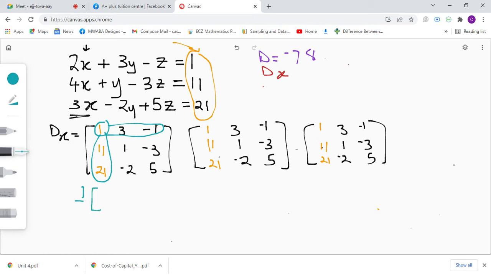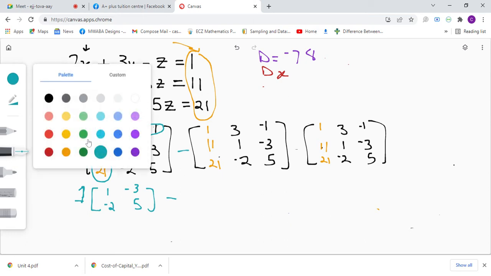Then we're going to write this matrix here, 1, -2, then we'll have -3 and 5, right? Minus. This is a 1 outside here. Minus. Okay, we'll go to our second matrix.